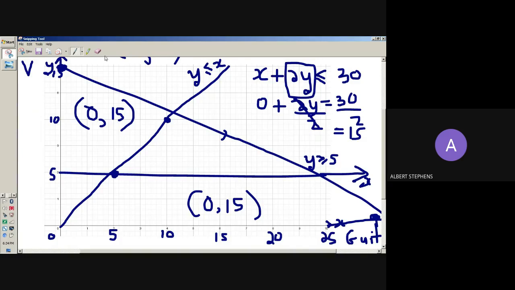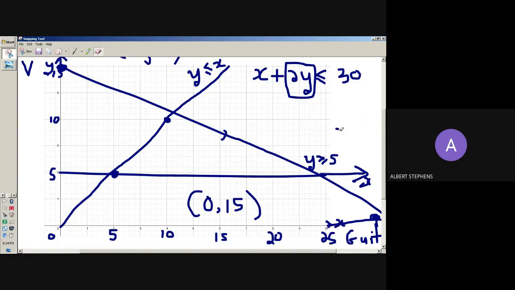And then now, let me erase this. What I'm doing now is making y to be 0. If I make y to be 0, class, wouldn't all of this go away? What's 2 times 0? 0. So we have x equals 30.